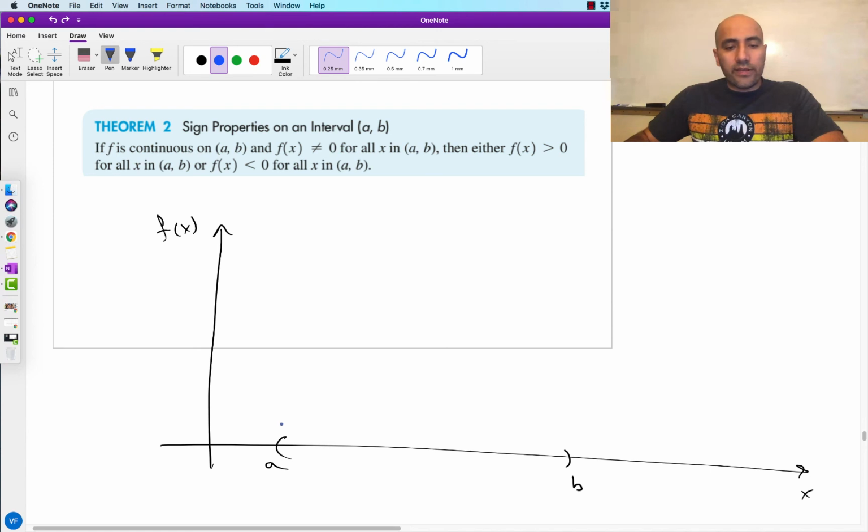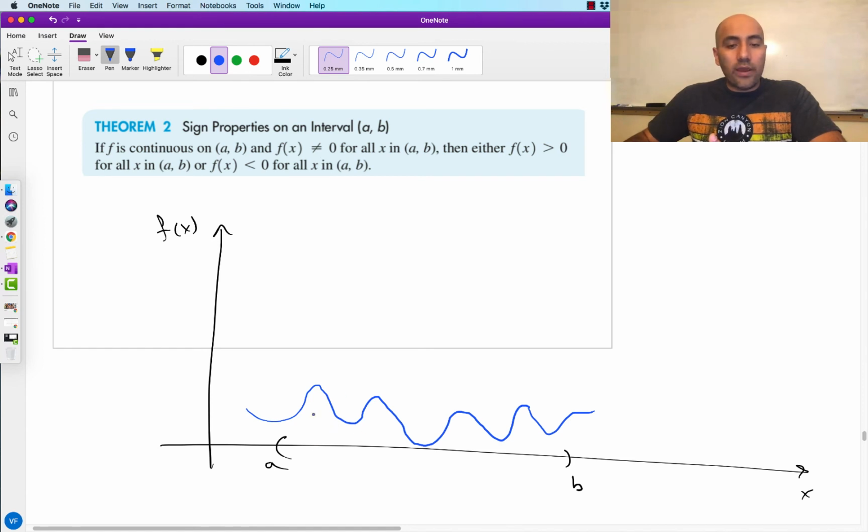So here is the point. If the function is continuous, that means I can draw it without lifting my pencil, right? And it never equals 0. I can get close to 0 and maybe jump above 0 and then come down. So either I start off above the x-axis like I did here, and then I always stay above the x-axis because it can't be 0.